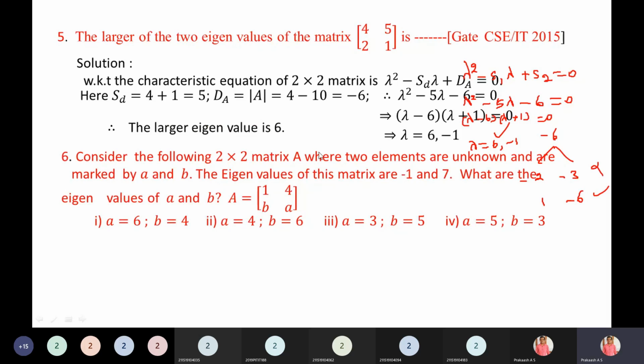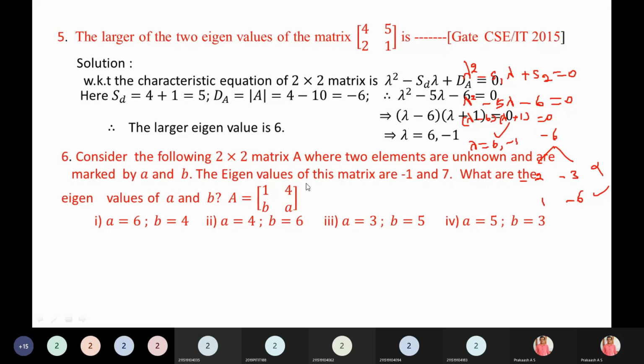All these problems, 1 to 6, are GATE questions only, whether in CS, IT, EC or mechanical. What are the values of A and B? You want to find the A and B values.